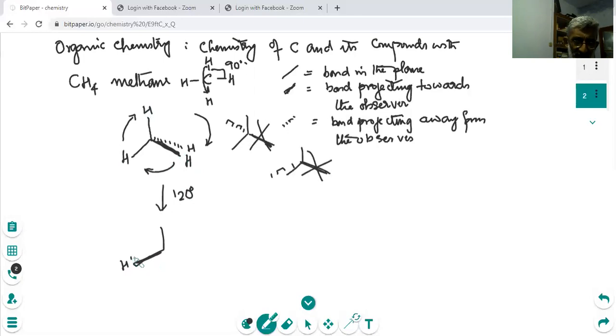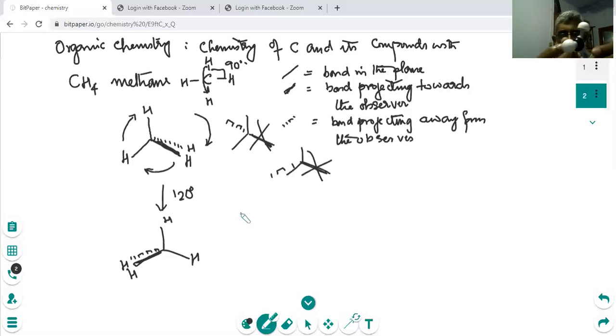H comes here, and see here, H, and H. See that? Rotation, right? You are rotating it 120-degree clockwise. See, this has come here. Same hydrogen, no change in the hydrogen.